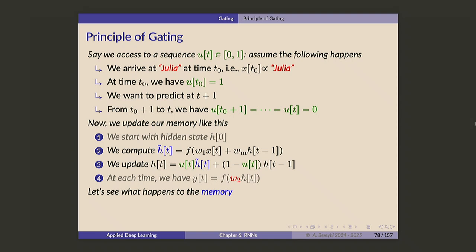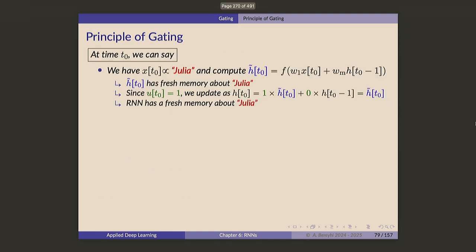I multiply the previous memory by 0. I just ignore it, right? Everybody's cool? Everybody sees that? Great. So at time t0, my network is going to have a fresh memory, which includes information about Julia.